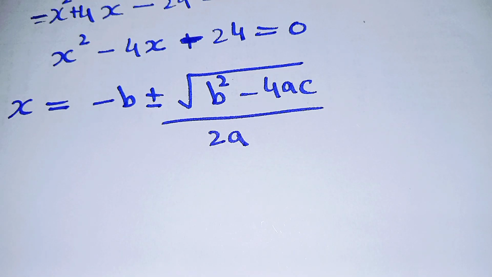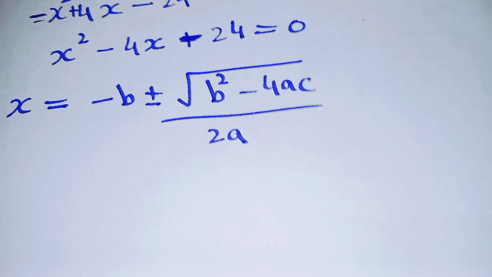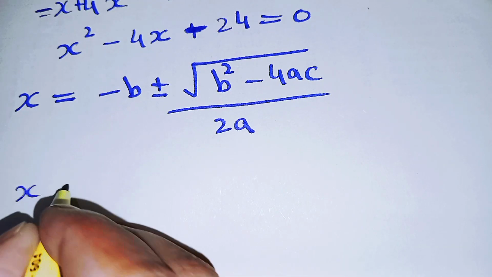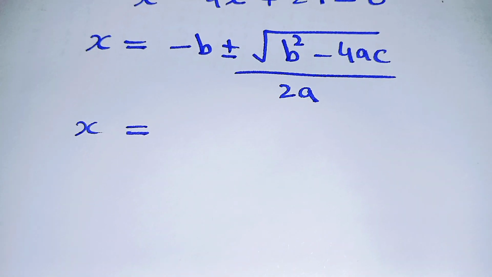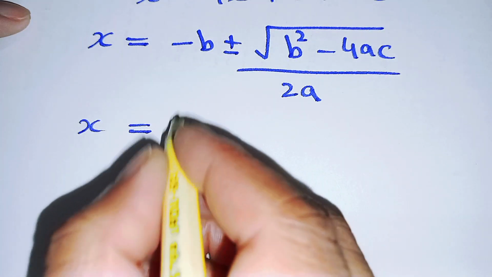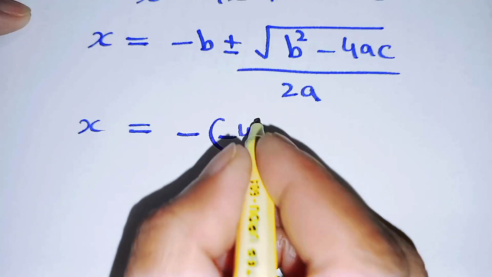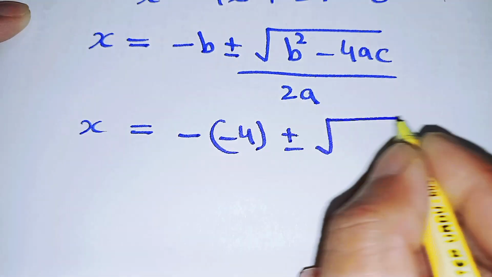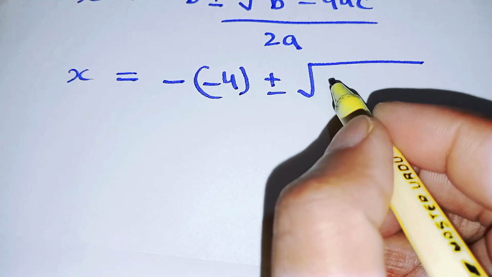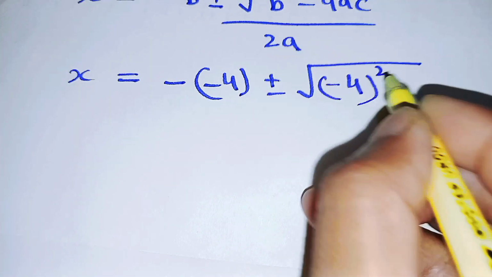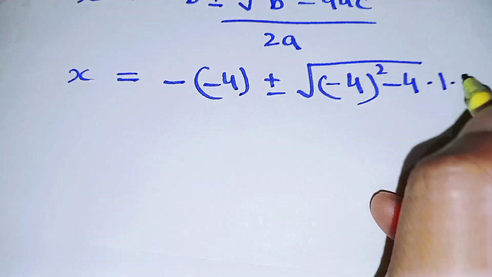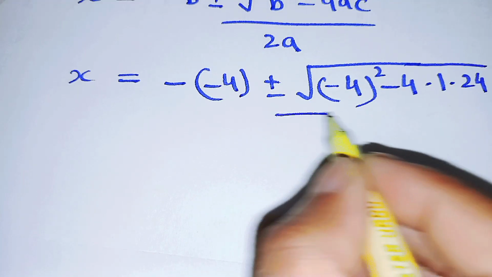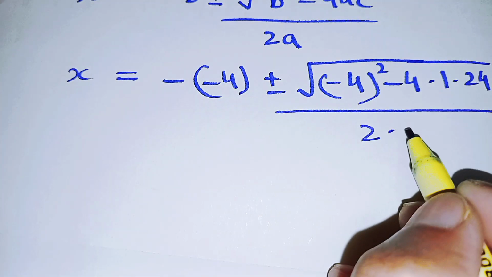Putting the values in the formula: minus b is minus of minus 4, plus minus square root of minus 4 square minus 4 times a, which is 1, times c, which is 24, over 2 times a, which is 1.